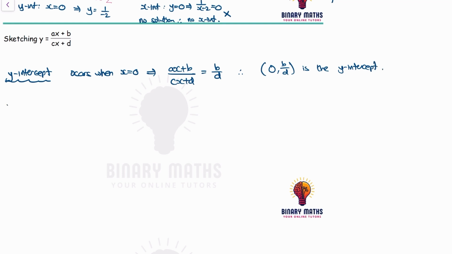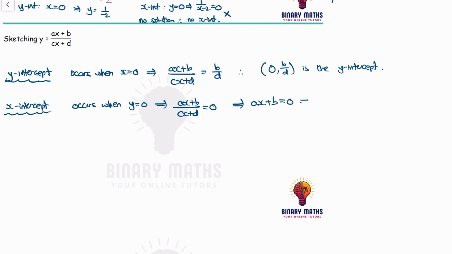Okay. Similarly, if you have x-intercept, let's see what we get for the x-intercept. This occurs when y is equal to 0, which implies that ax plus b over cx plus d is equal to 0. But that only means that the numerator is equal to 0. So ax plus b is equal to 0, which implies x is equal to minus b over a.